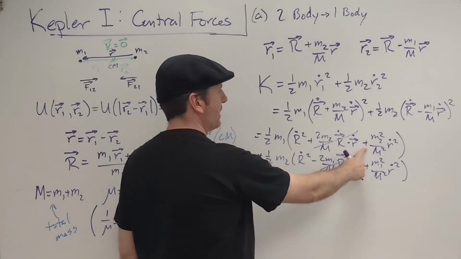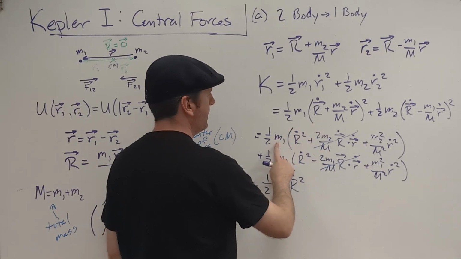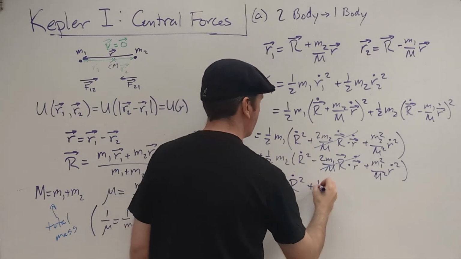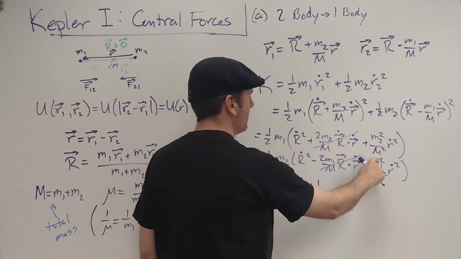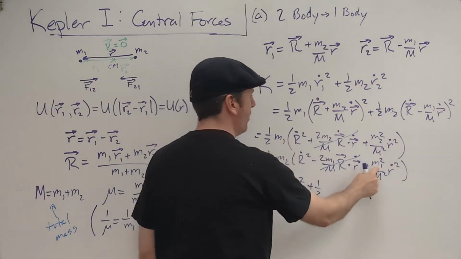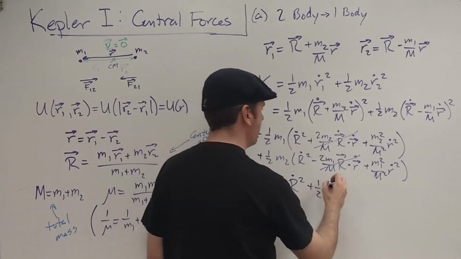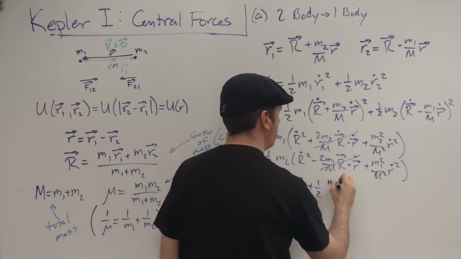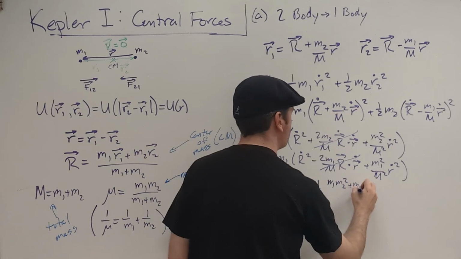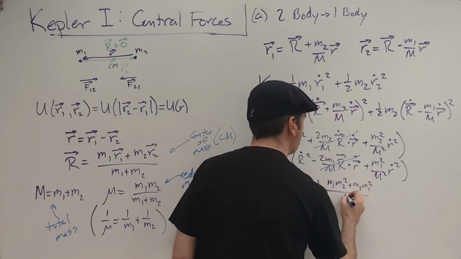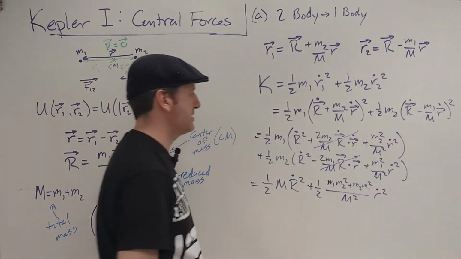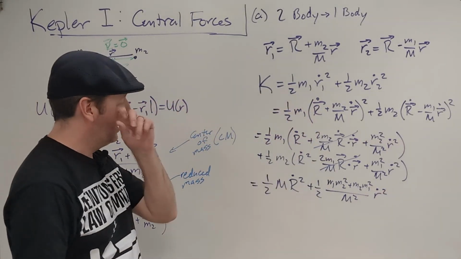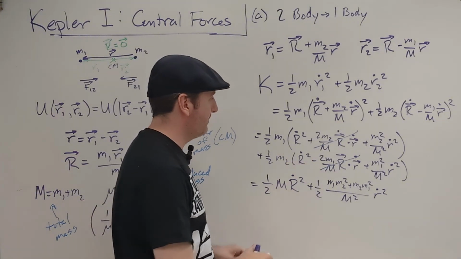What's left, if we're careful, is a 1/2, okay, so there's going to be a 1/2, m1 m2 squared over big M squared plus m2 m1 squared over big M squared. Let's write that out. m1 m2 squared plus m2 m1 squared all over big M squared, and then we have this relative velocity squared. But look, we can simplify this a little bit.